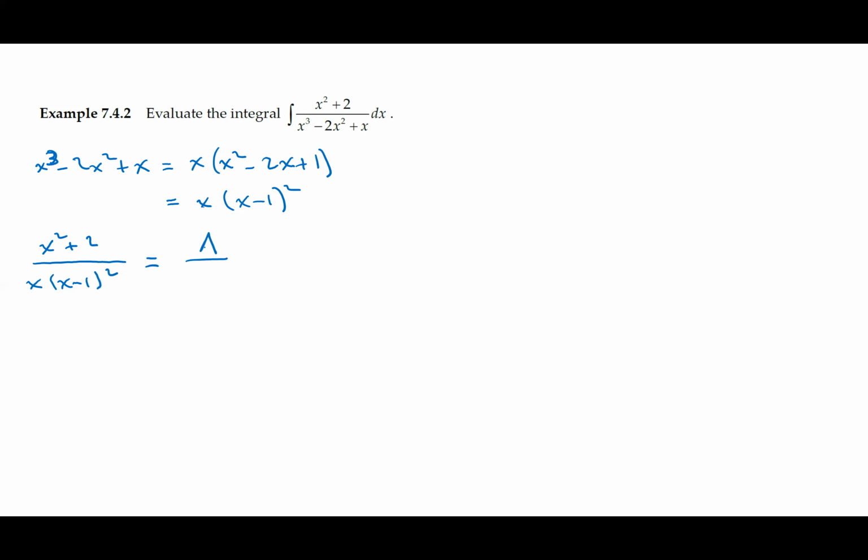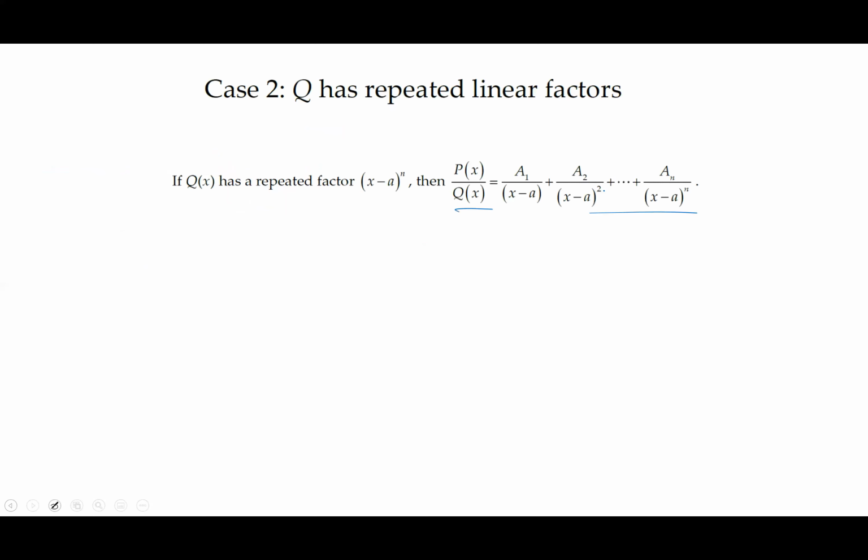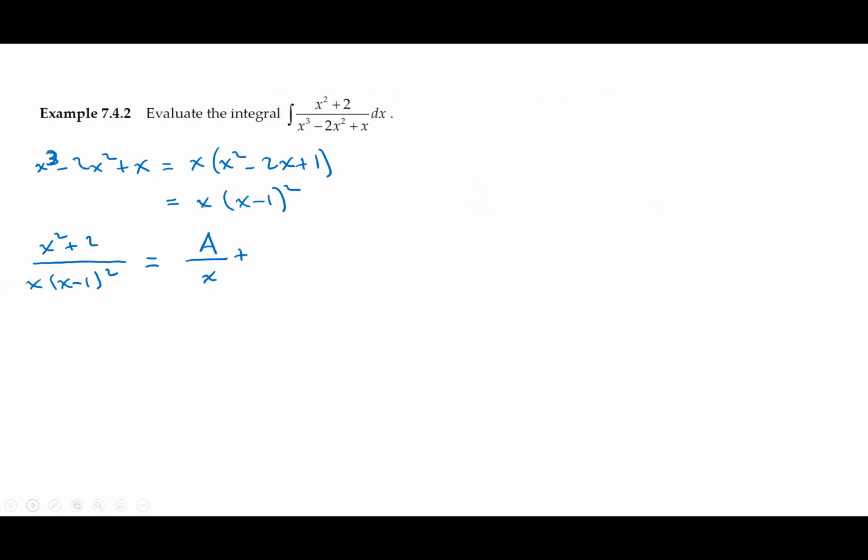I could have an a over x, and let's come back here and look. I'm going to account for all the lower degrees of the factor that I have. So b over x minus 1, and then c over (x minus 1) squared. All right, and then of course we do just like we did before.